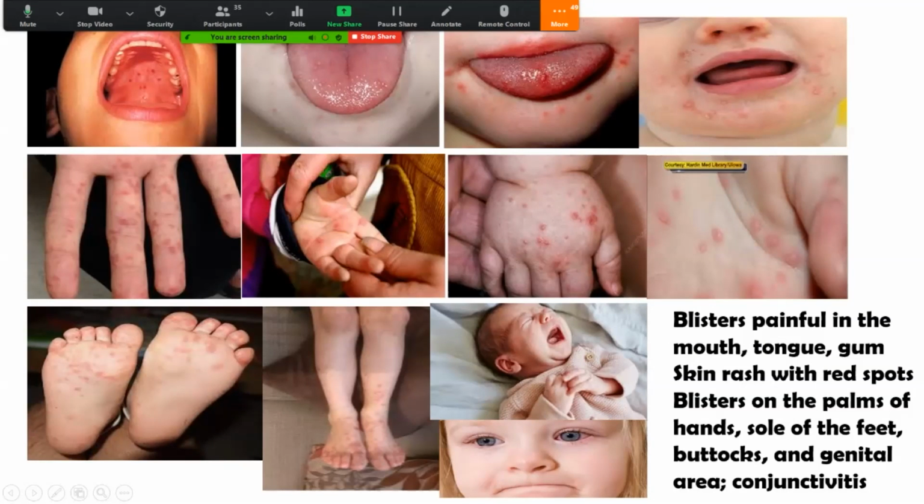Let's see the palm, the hand and the foot and the leg, and some develop conjunctivitis and have a fever, something like this.